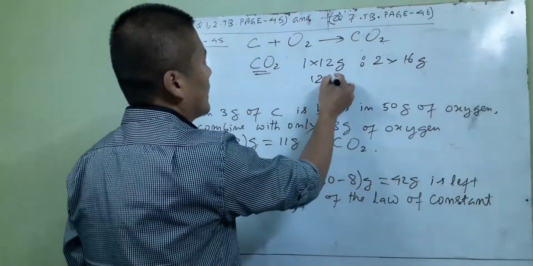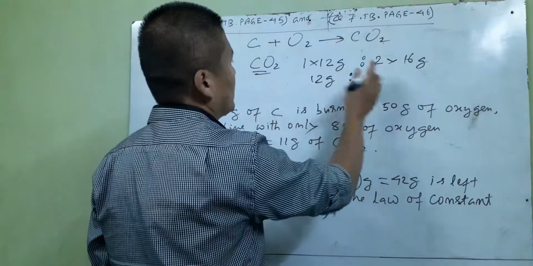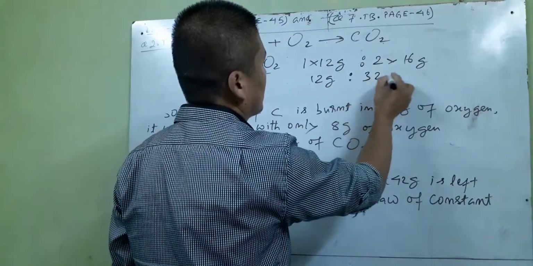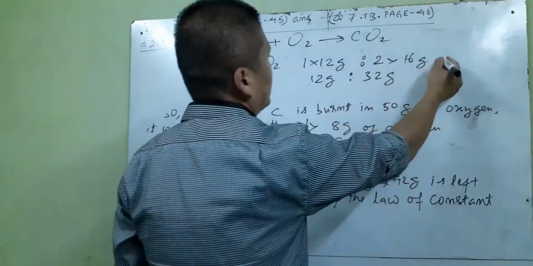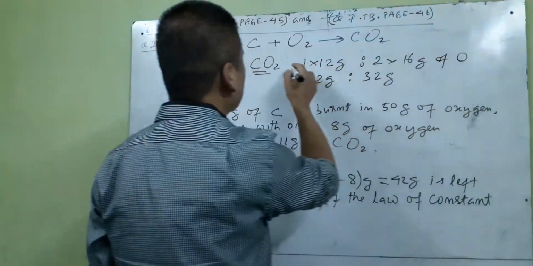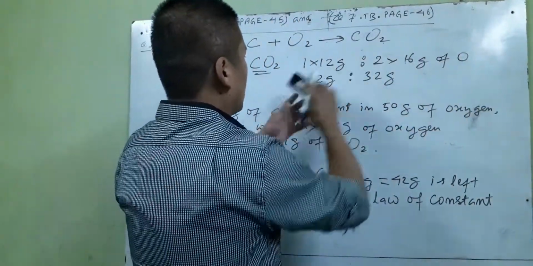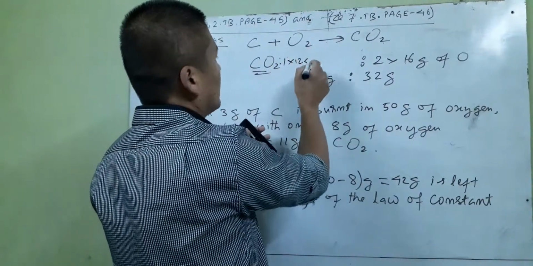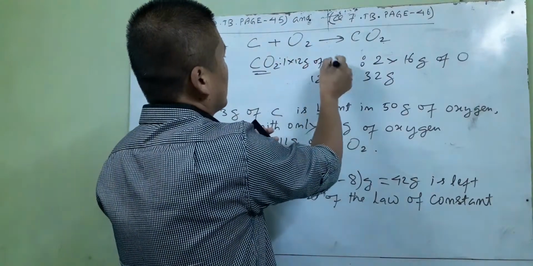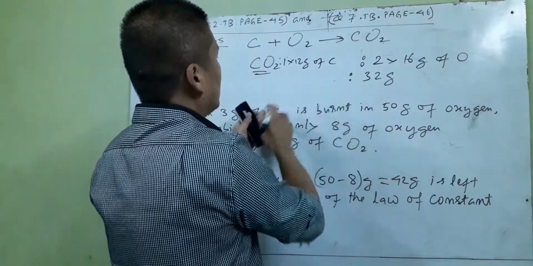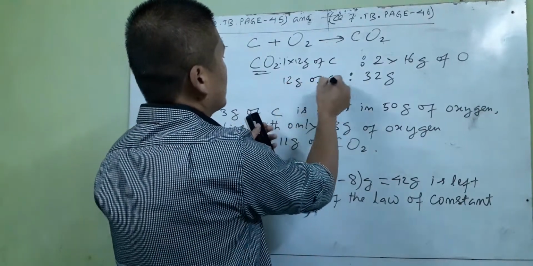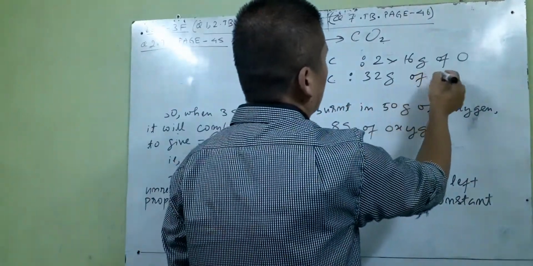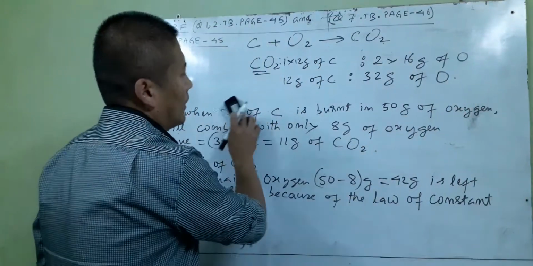So this is 12 gram, always combines with 16 to the 32 gram of oxygen. Here, okay, let me modify a little bit. 1 into 12 gram of C. So here 12 gram of C combined with 32 gram of O, oxygen atoms.